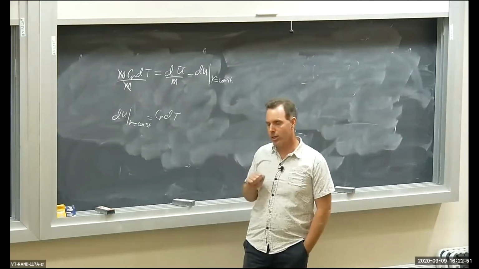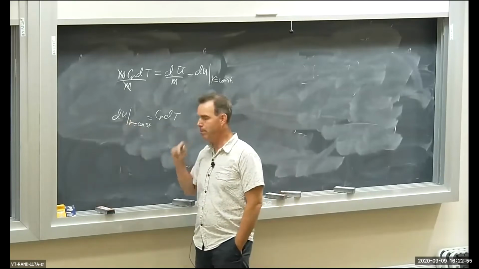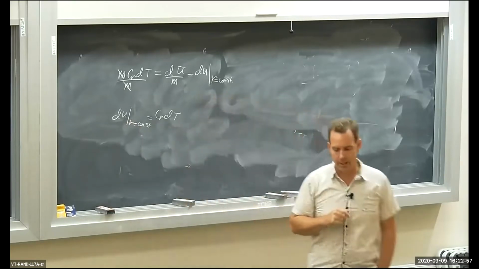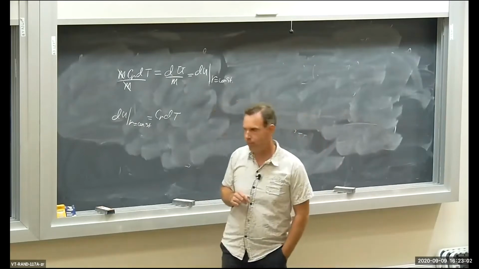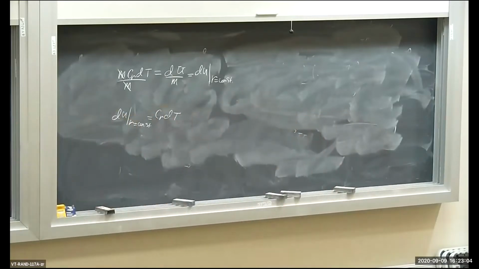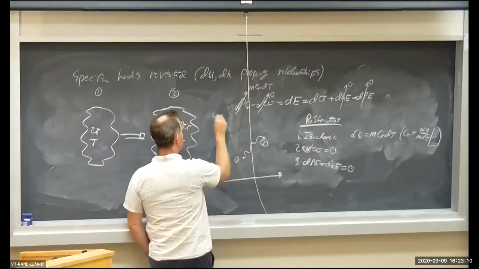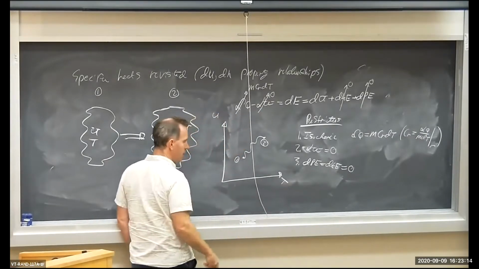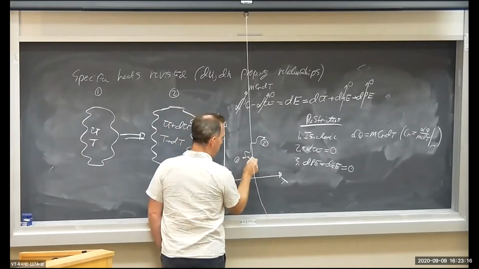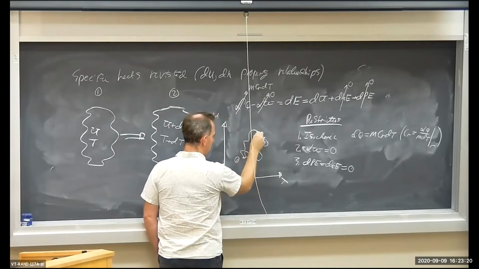Here's the clincher. Internal energy and temperature, specific internal energy and temperature, are both properties of the system. It doesn't matter what path I take to go from state 1 to state 2.